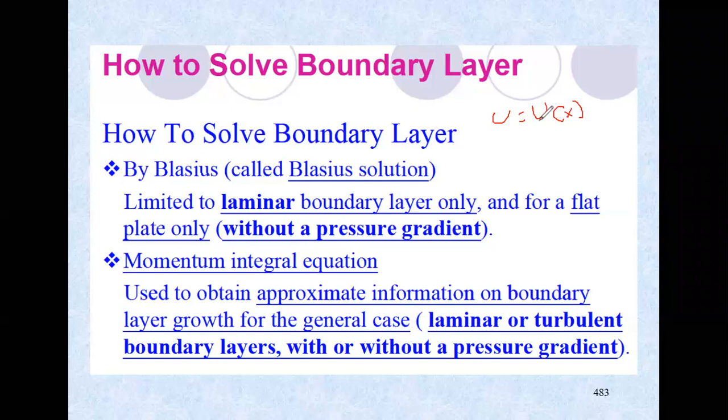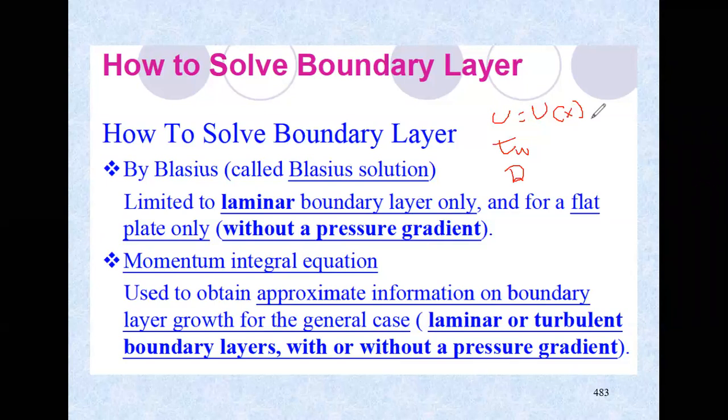If you have this, then you're able to get the velocity distributions, and then you're able to get your shear stress. And then if you're able to get the shear stress, then you'll be able to get your drag. So solving means you want to get the velocity distribution, the shear stress, and then the friction drag caused by this shear stress.